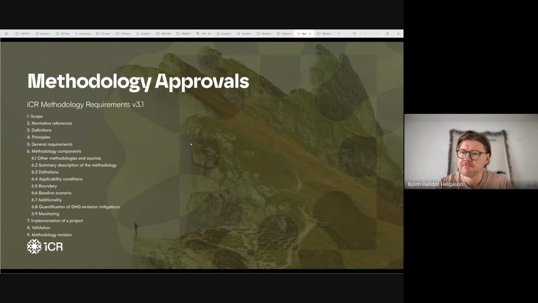It includes referencing other methodologies that inform the development and other sources used as reference material, a summary of the methodology, how definitions are to be presented, applicability conditions, boundary, baseline scenario, determination of the baseline scenario, additionality, quantification, and monitoring. Then an implementation of a project, which is something that we want to see before the final approval is granted.